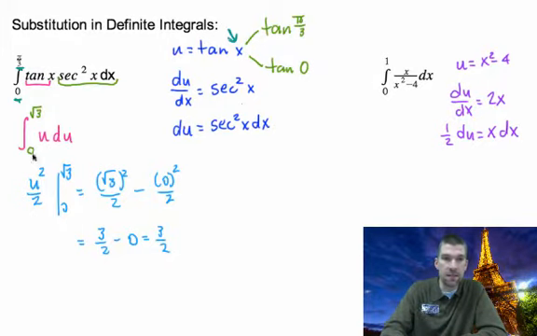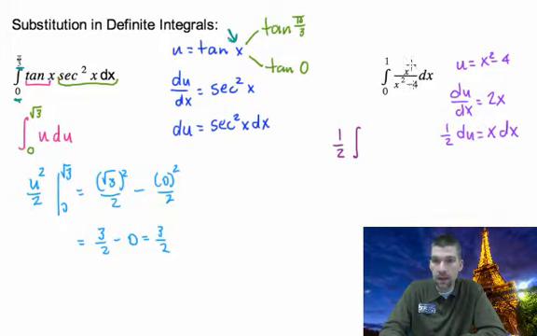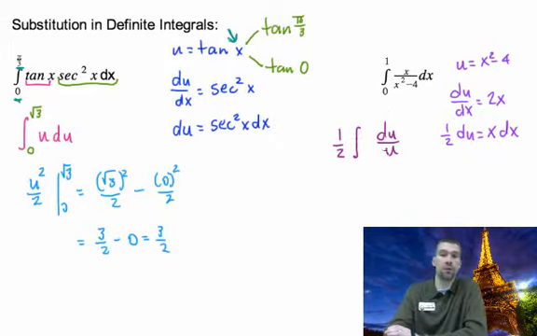My equality integral then becomes the integral of 1 over u, because here's x dx, that's the du part, so 1/2, and then du over u. Now, I don't want to have to resubstitute and do a whole bunch of stuff.